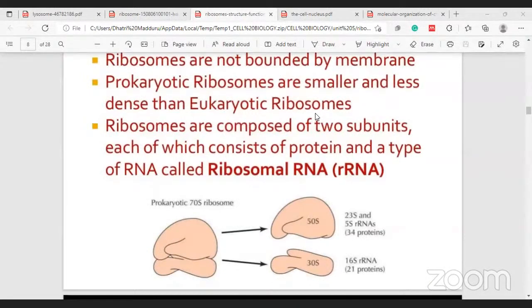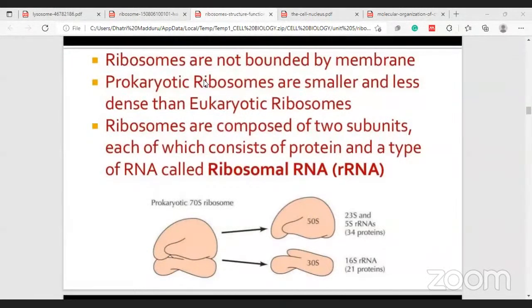Ribosomes are not membrane bound, and prokaryotic ribosomes are smaller and less dense than eukaryotic ribosomes. Ribosomes are composed of two subunits, 50S and 30S, and they have proteins and ribosomal RNA also.